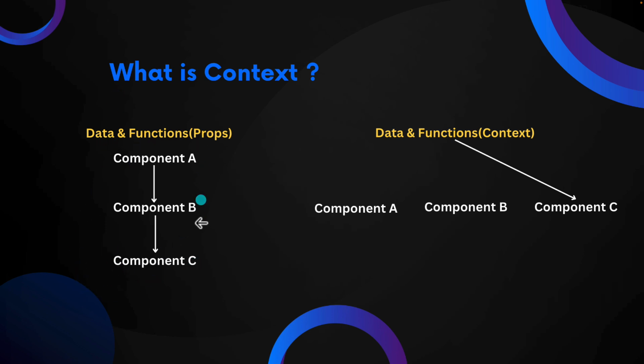Now the problem with this approach is that even if component B does not actually need this data or these functions, we still have to pass them to component B so that we can take them from there and pass them to component C. This phenomenon, where you have to pass data and functions from one component to another, and from that component to yet another, is called prop drilling.